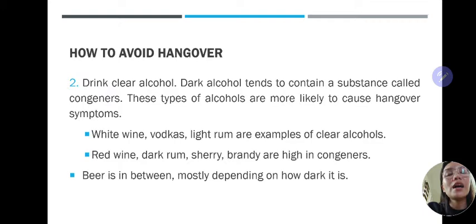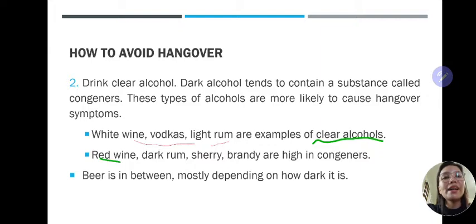So one of the tips also to avoid hangover is to choose to drink clear alcohol because dark alcohol tends to contain a substance called congeners. So these types of alcohols are more likely to cause hangover symptoms. So we have white wine, vodka, light rum. These are the examples of clear alcohols.